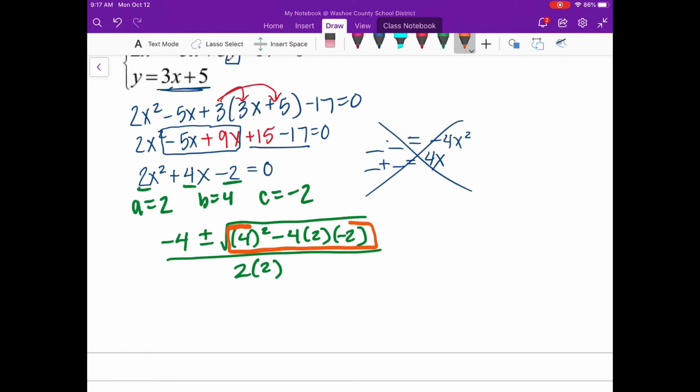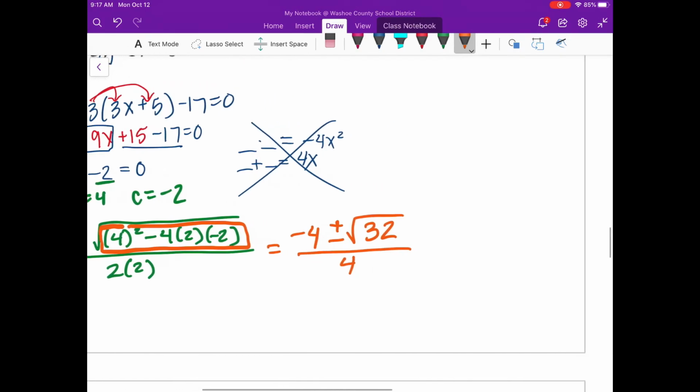So if you enter just what's inside the radical, nothing else, don't put the radical in, that should give you a 32. And so again, because I didn't include the radical, I'm going to just write it as square root of 32. I have a plus or minus here, a negative 4 in the front, and a positive 4 at the bottom.